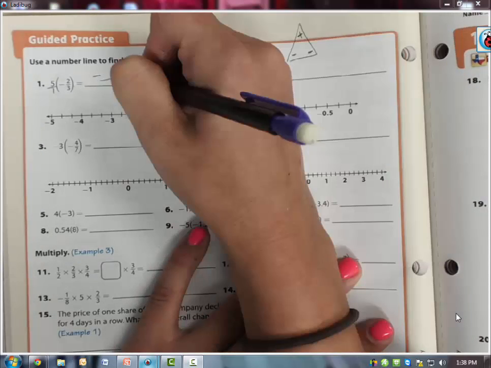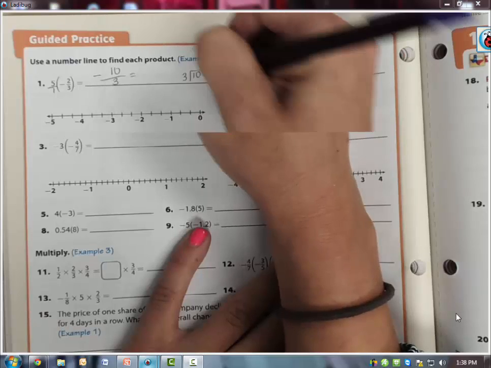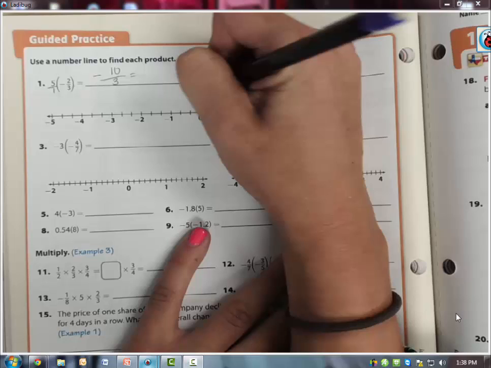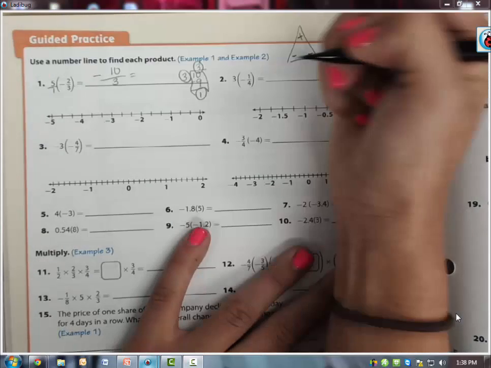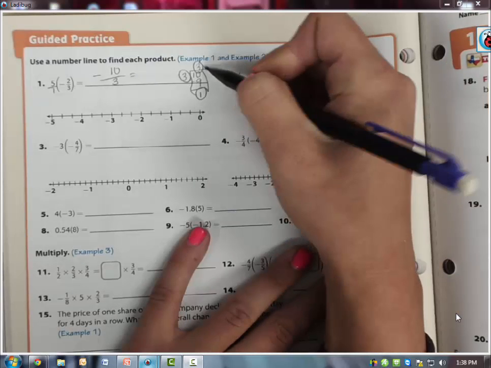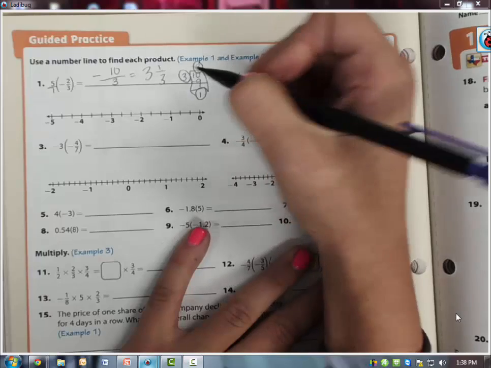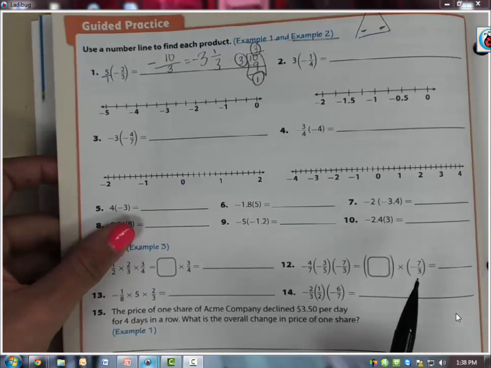So, to do that, you top dog in the house, divide. 3 can go into 10 3 times, with 1 left over, so it's 3 and 1/3. Now, what did I forget? The negative sign. Good.